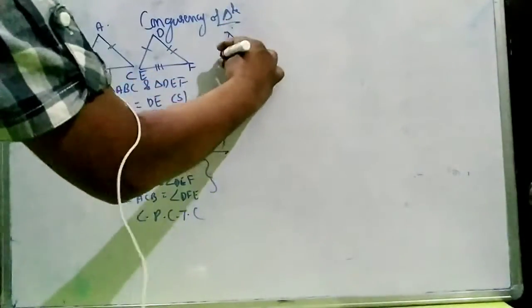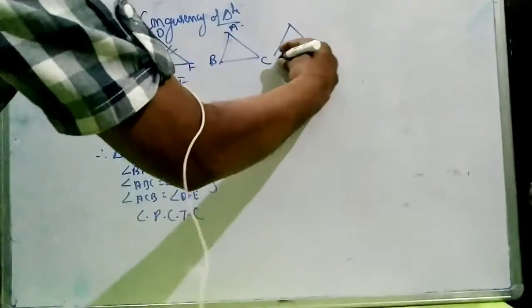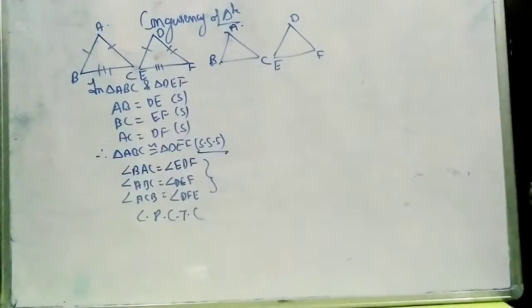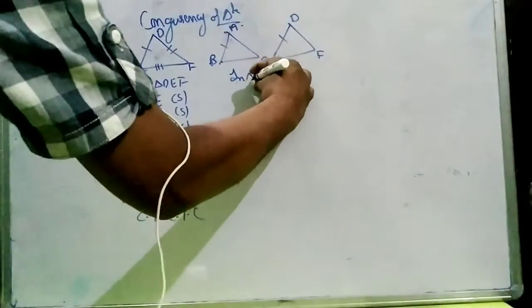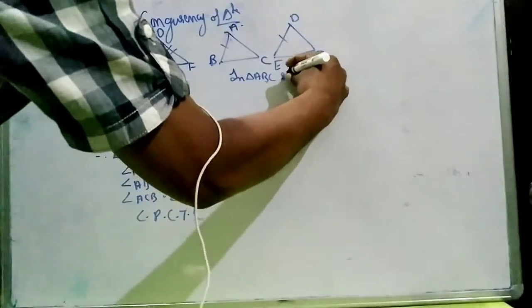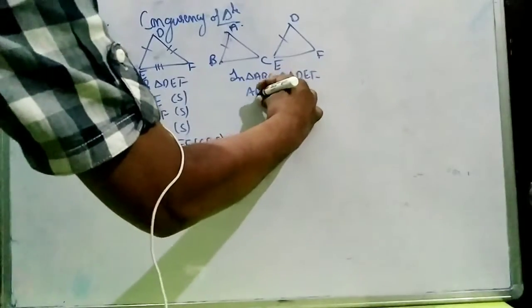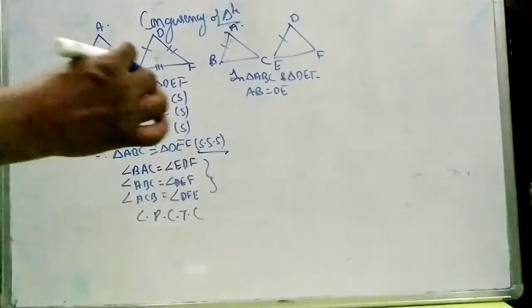Now the second property. If it is ABC and the second one is DEF, if the side AB in triangle ABC and triangle DEF, we can say that AB is equal to DE.